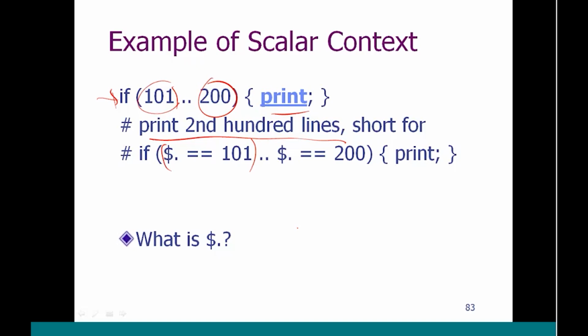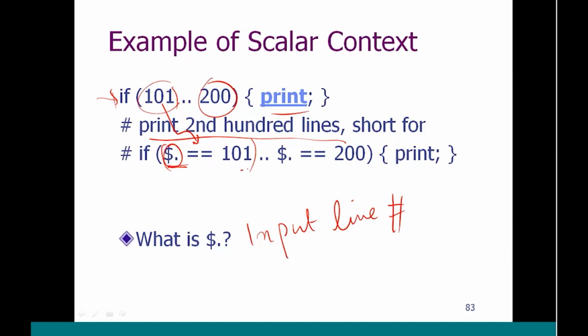The dollar dot is the shorthand for input line number. So what we're saying here is that this 101 is actually the line number.